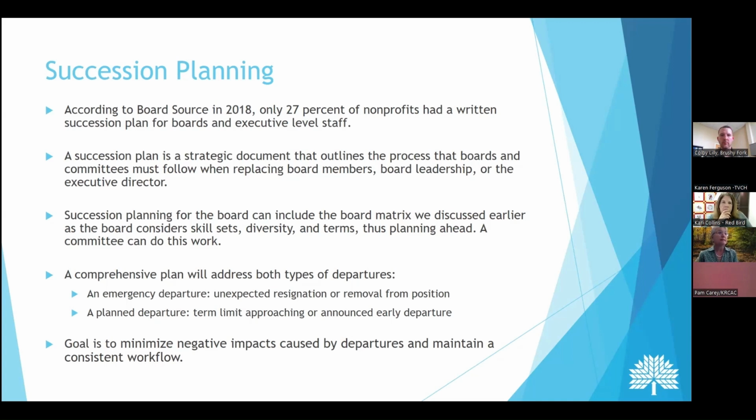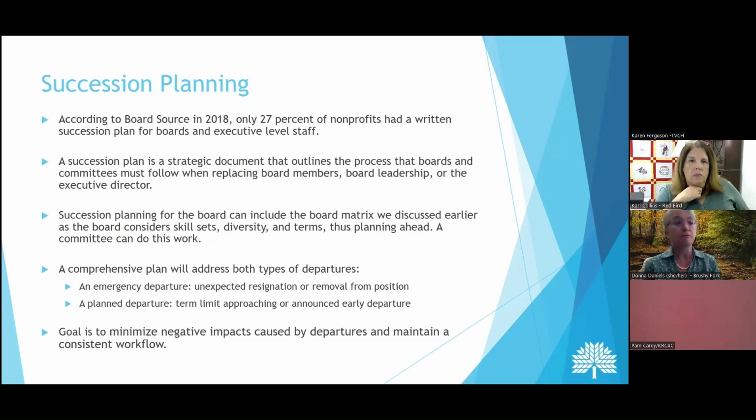That succession plan is a strategic document that outlines the process that your boards, committees, and staff members are going to follow when replacing board members. You can do succession planning for board members, for board leadership, or for the executive director, which is where we usually associate that term, but we're broadening it out a lot here.